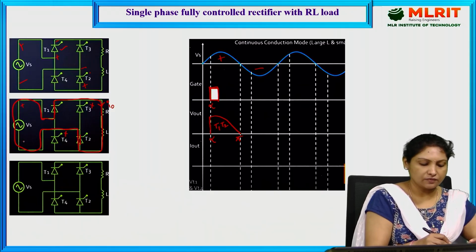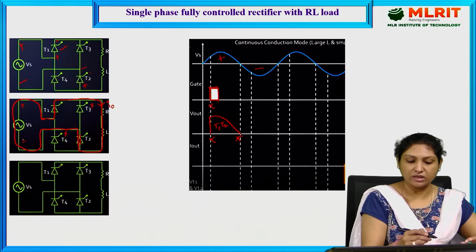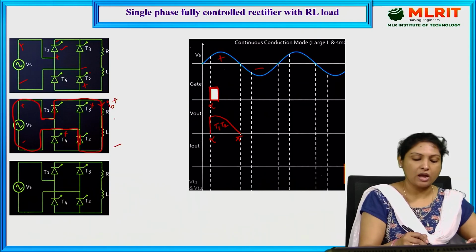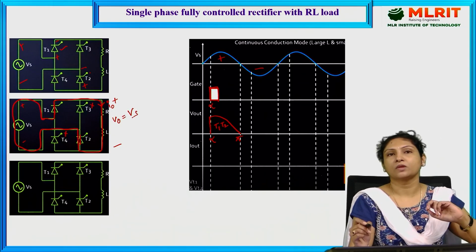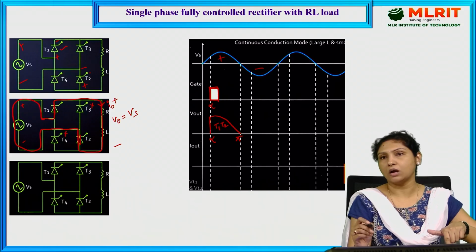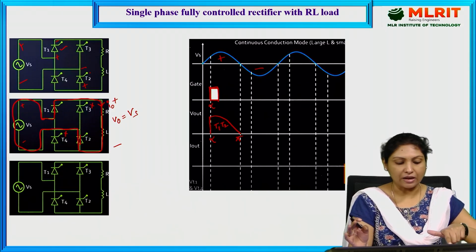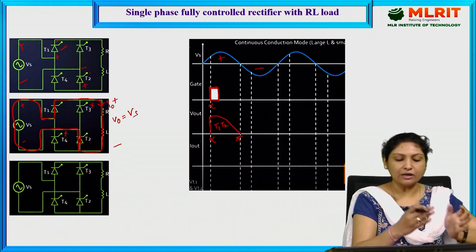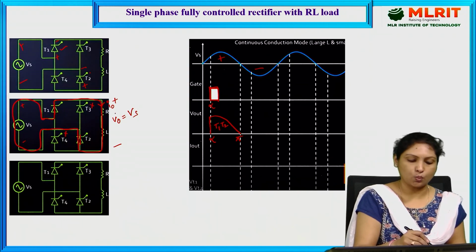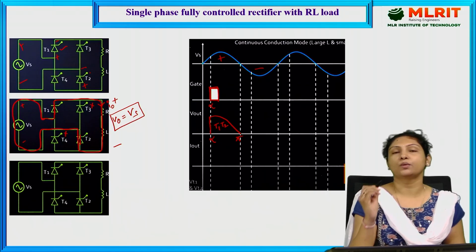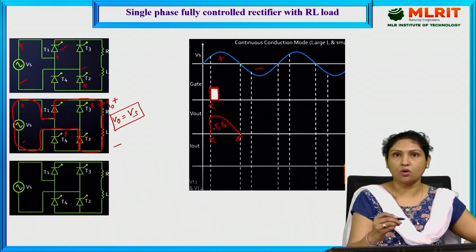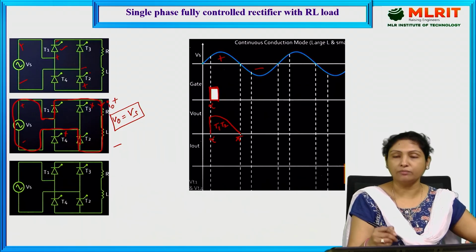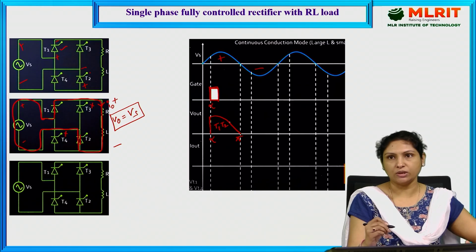Since this is positive and negative, this is the supply voltage which is actually applied across the load, and at this instant the output voltage is equal to Vs. And if you observe, since T3 and T4 are off switches and T1 and T2 are short circuited, whatever supply we are feeding will appear across the load, and that is how we get output voltage equal to Vs. That is the only reason the output voltage is just following the input voltage, right from alpha to pi when T1 and T2 are conducting.